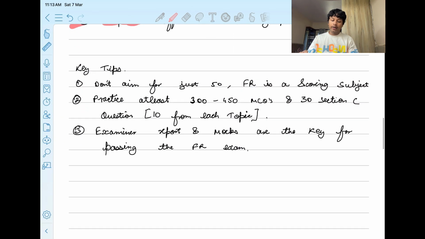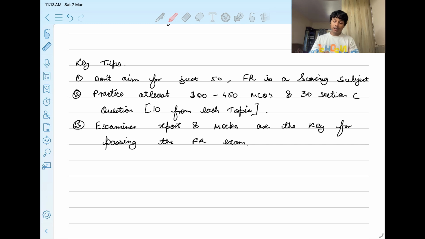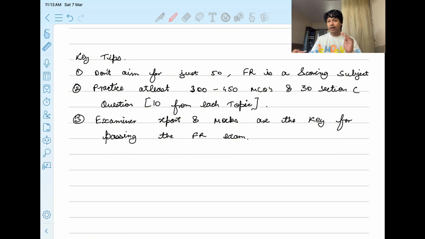You have to be good with all of that so that you can tackle it easily in your examination, right? Now what are the key tips? Key tips are, don't just aim for 50, because FR is scoring and you can easily score good marks in this, right? Practice at least 300 to 450 MCQs and 30 Section C questions, okay? You have to solve 300 to 450 questions across your practice kits and everything.